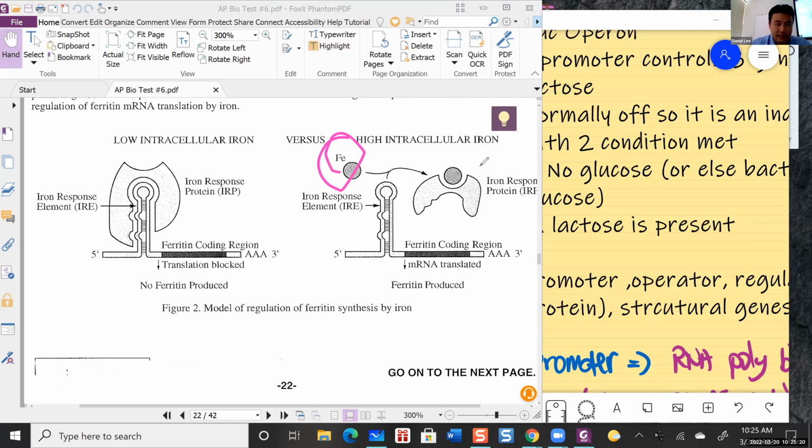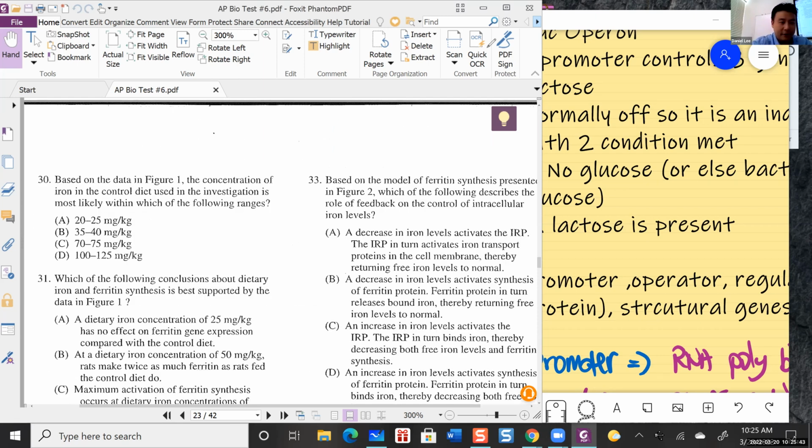Iron removes the repressor protein and allows the translation. That's what figure 2 is saying. The presence of iron removes the IRP protein, and allows the mRNA to be translated by ribosome. So iron positively regulates, it stimulates ferritin production.